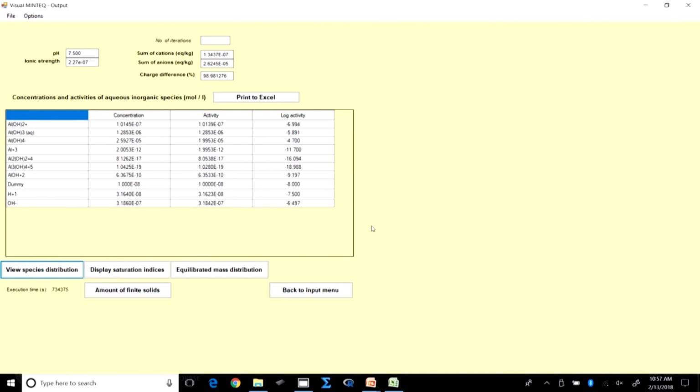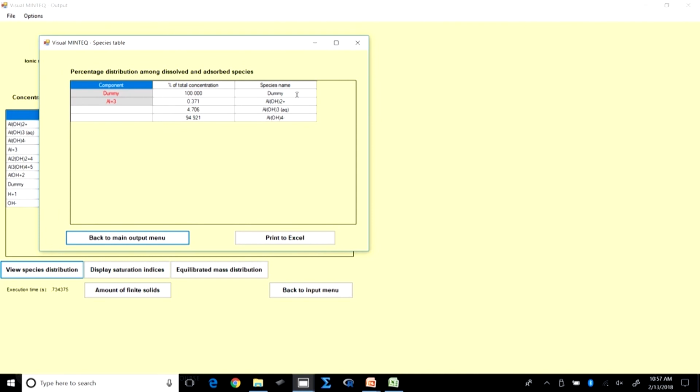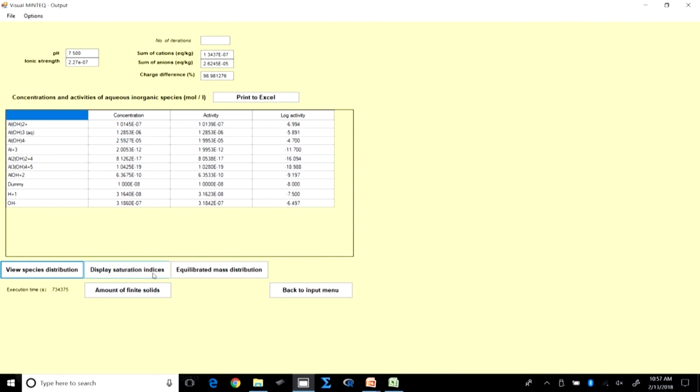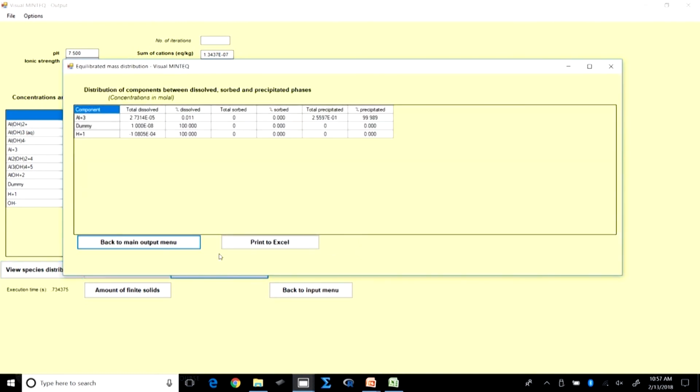Okay, and now I'm going to look at species distribution. So Al3+, again because the pH is similar to 8, the case earlier, it's going to be 95% present as the Al(OH)4 minus complex, but how much of it is present in the dissolved form? So here you see that when you are adding Al(OH)3 at pH 7.5, most of it is in the precipitated form.